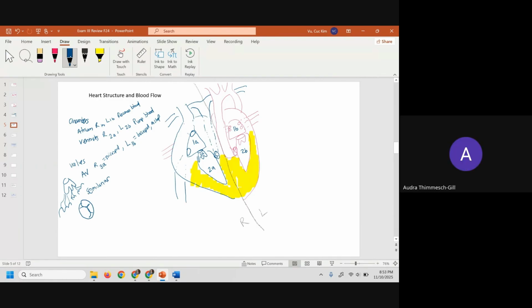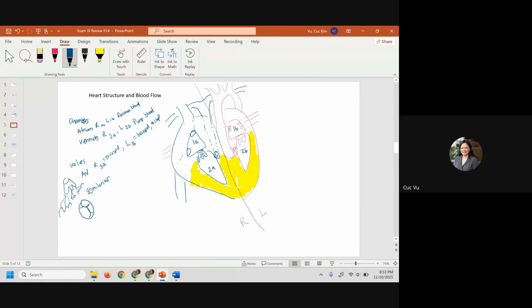Will we need to say right and left AV valve, or will we need to use the other names on the lab? It depends. You can either write tricuspid valve or you can write right AV valve. But you should not write tricuspid AV valve.